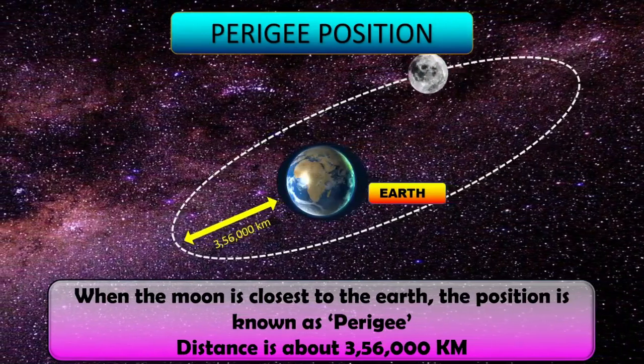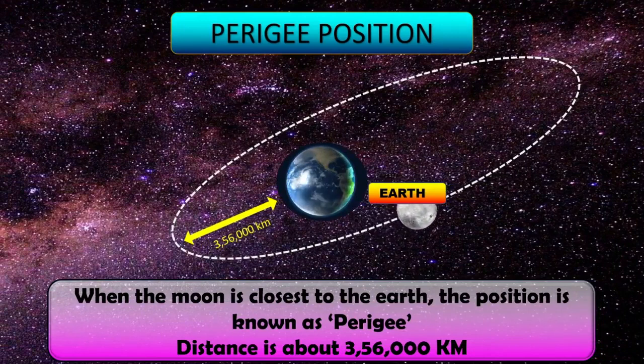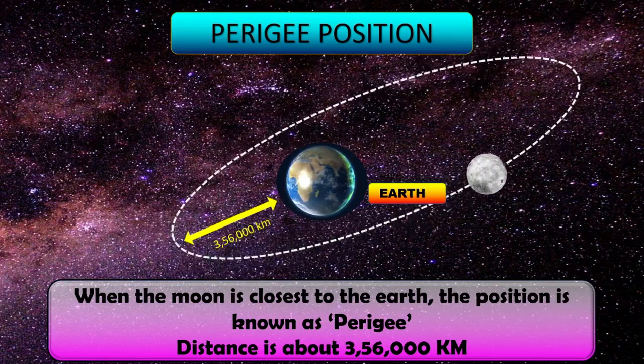Now in the picture you can see, while revolving around the earth, the moon comes closer to the earth. It is said to be in perigee position. The distance between the earth and the moon during perigee position is about 3,56,000 kilometers.